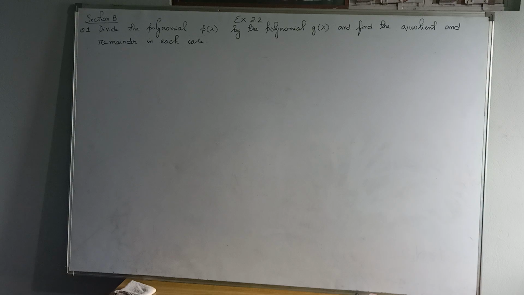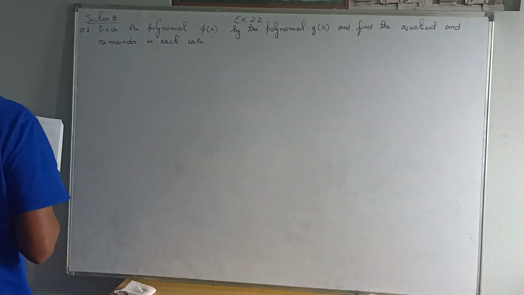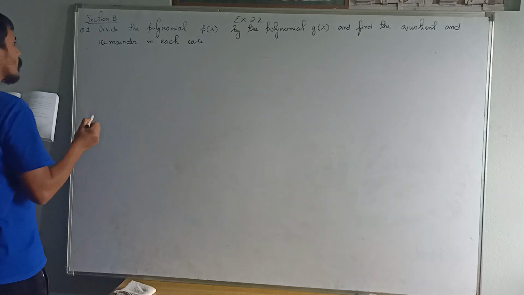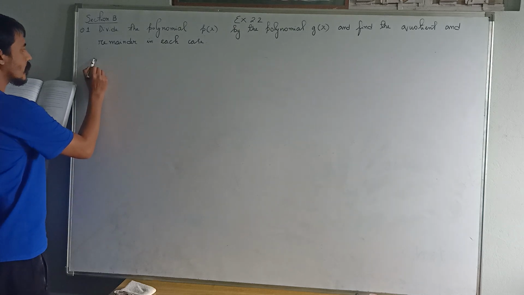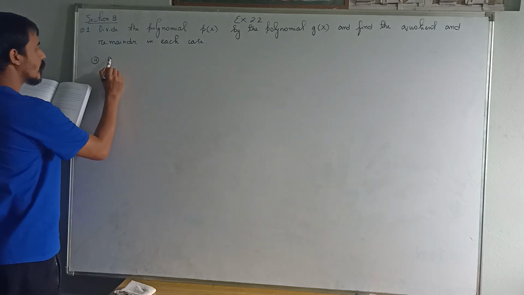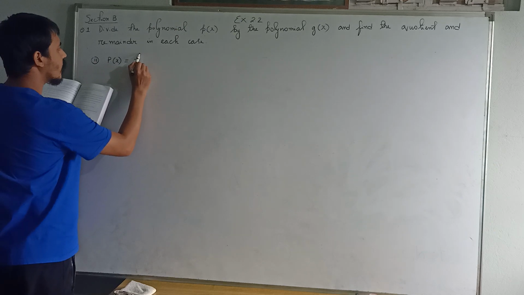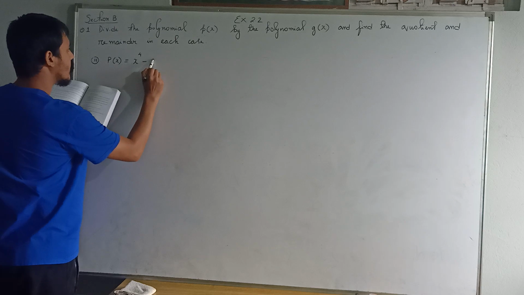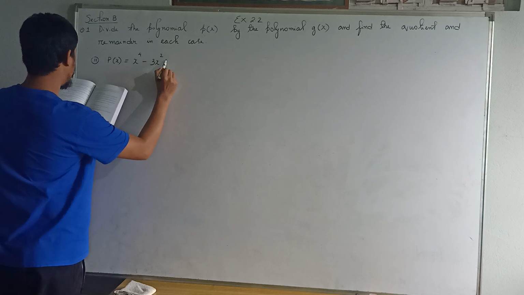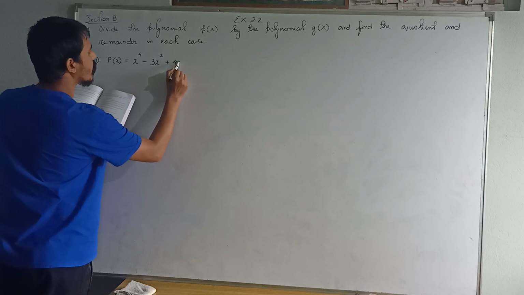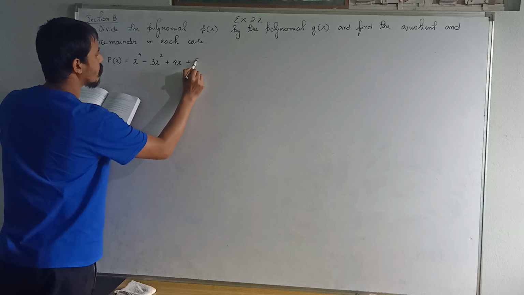Second. Let's try another one. Roman 2, question number 1, Roman 2. Your p(x) is given as x to the power 4 minus 3x square plus 4x plus 5.